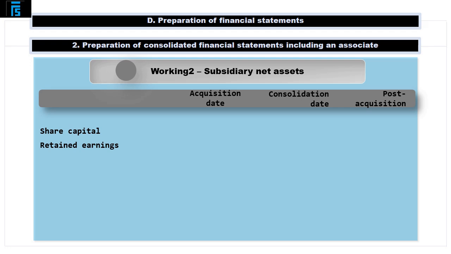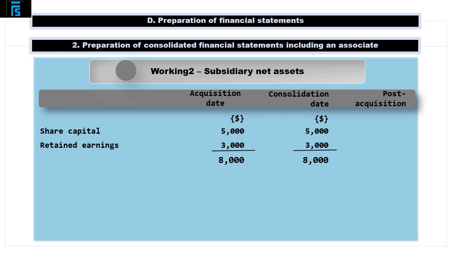Because in this example, the acquisition and consolidation date are one and the same, we will enter identical numbers in both the acquisition date and consolidation date columns. So that's 5,000 in respect of share capital and 3,000 for retained earnings.